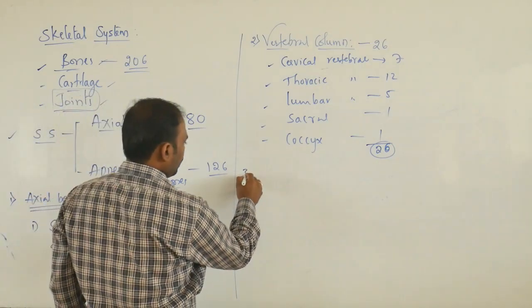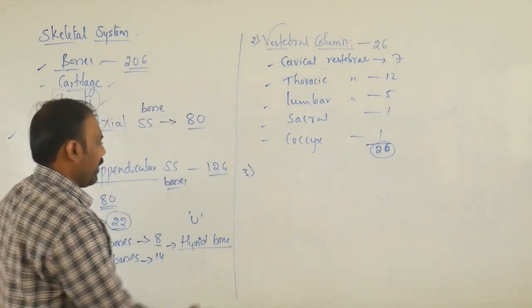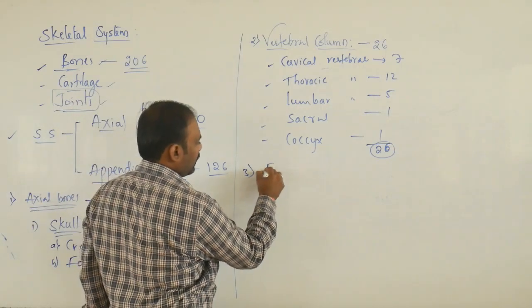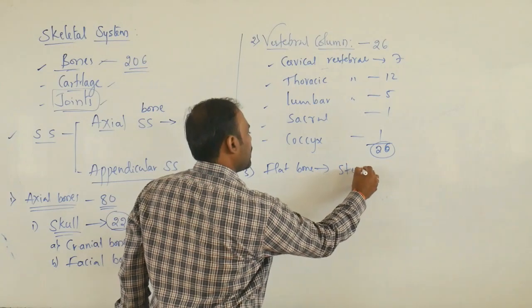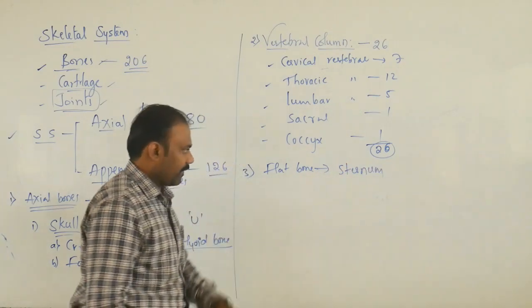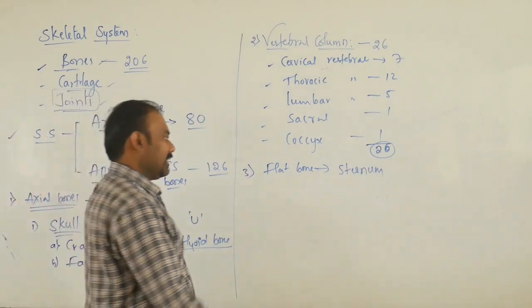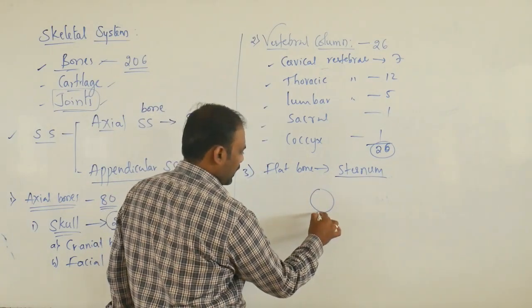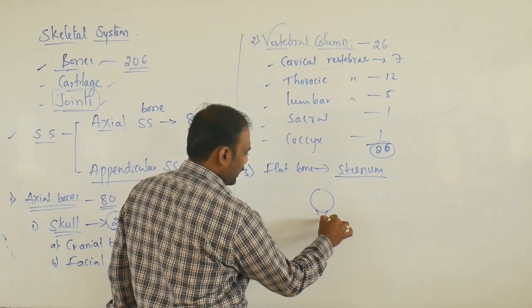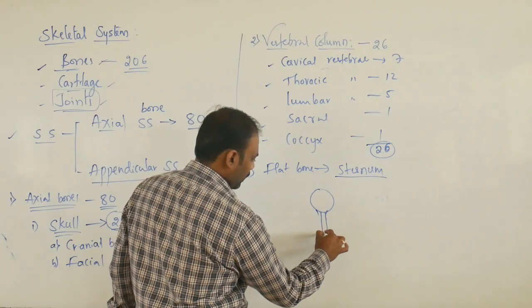Now, we will be having one flat bone. That flat bone is called sternum. That sternum is present at this location. Imagine it is the head part. Here we will be having the neck. Yes or no? Particularly at this position.